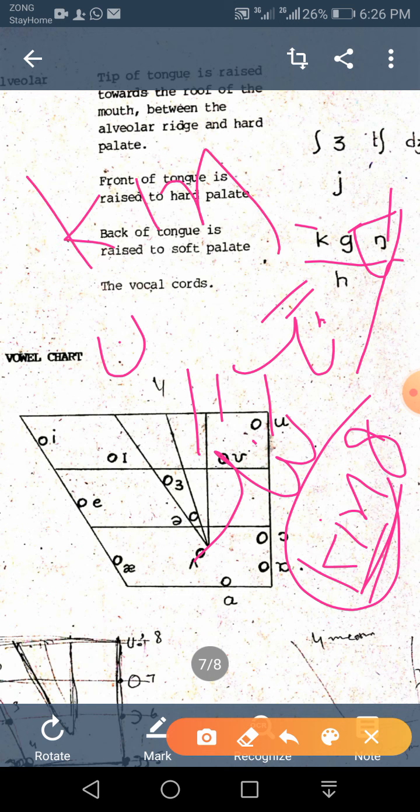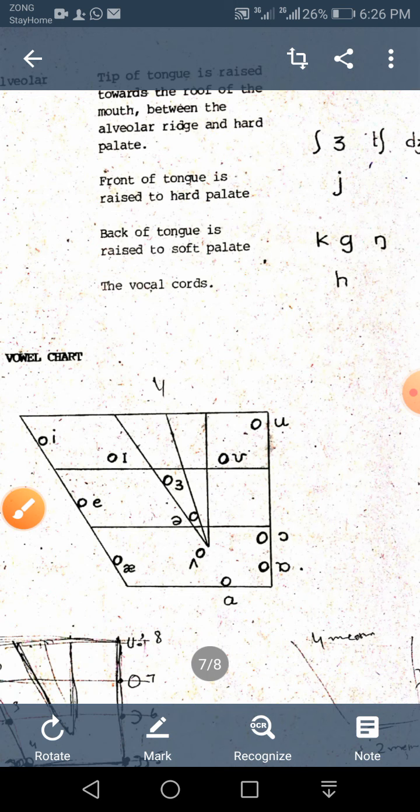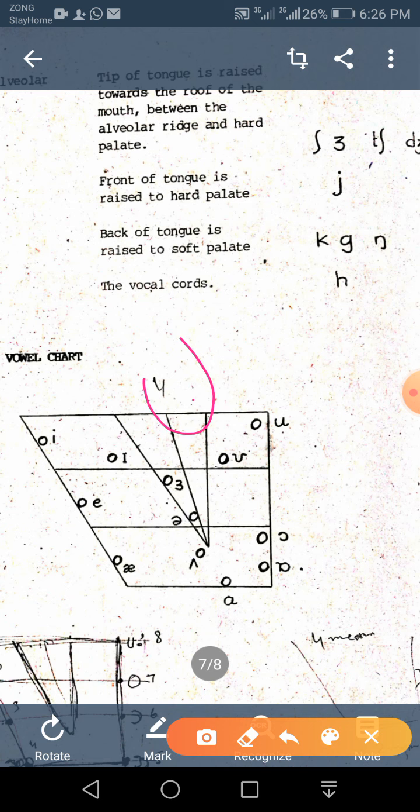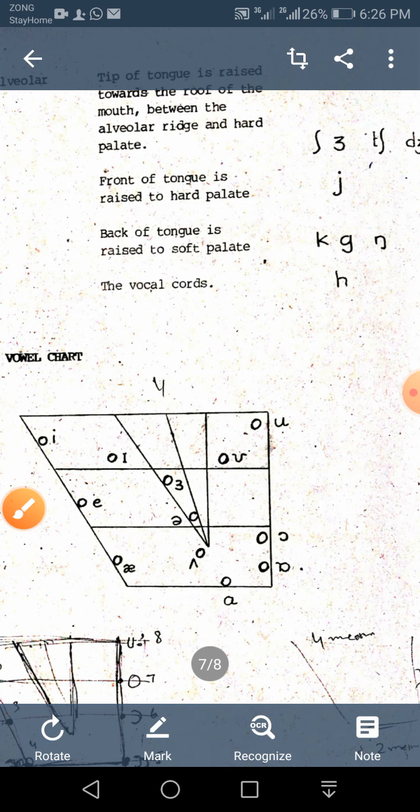So this is the sound noon and gaf, represented by this symbol. And sometimes it is inside a word, in the middle, and at that time it will give us the sound noon gunna. I'll explain it when I come to the consonant chart.